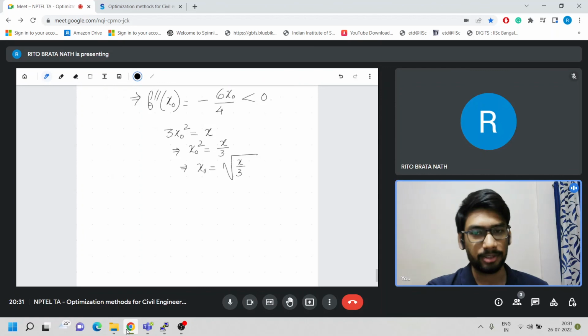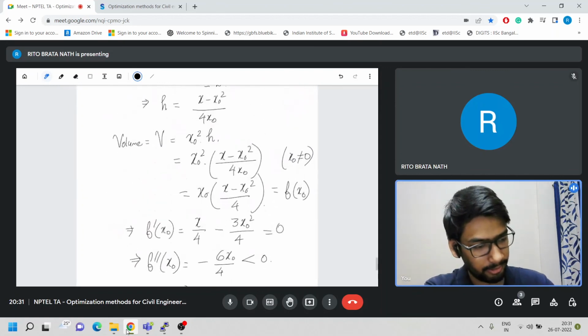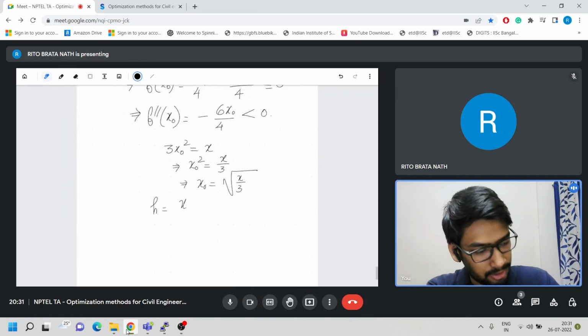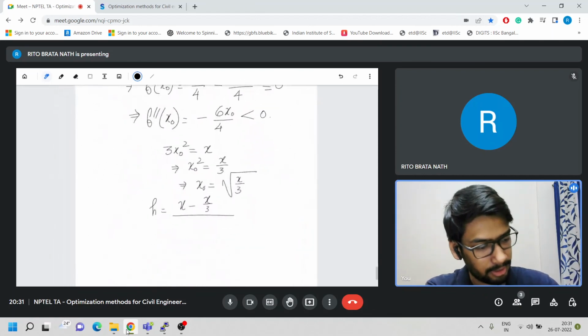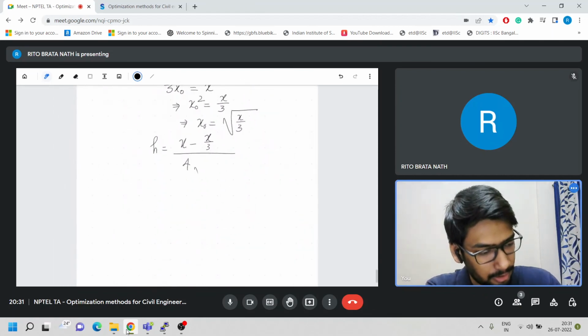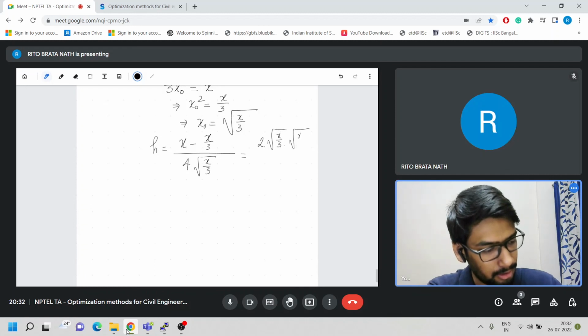And then you still need to find h. So you can directly put this in that equation. So it's x minus x naught squared, which is x by 3, divided by, what is there in the denominator? It's 4 times x naught. So you can write it as 2 times root of x, something like this.